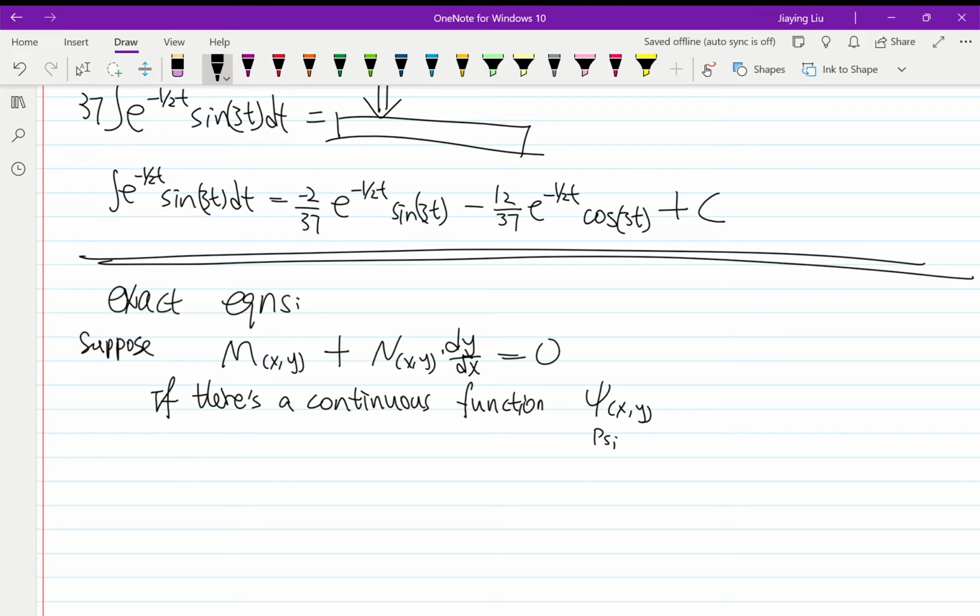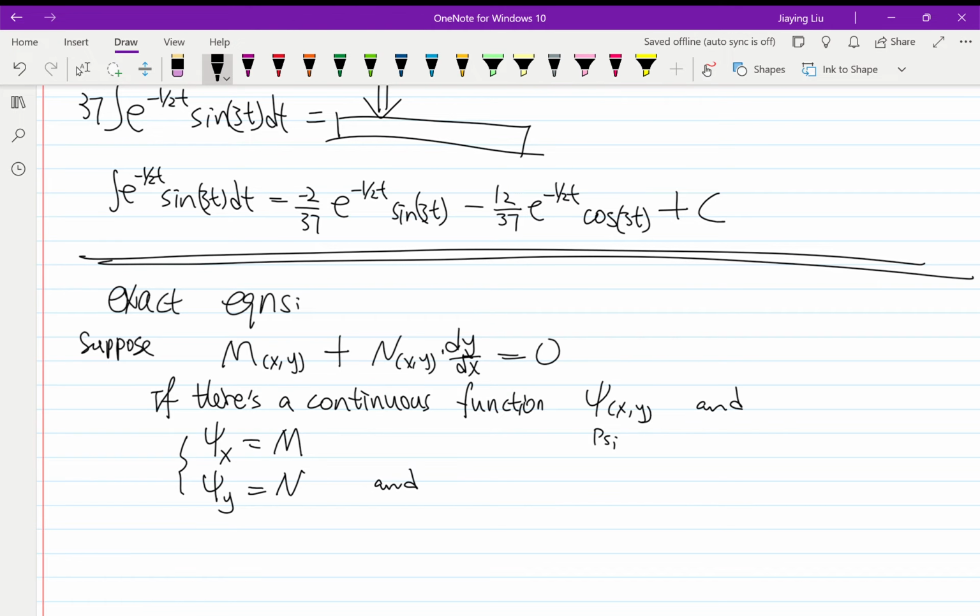Suppose it's also true that the derivative of psi with respect to x, psi x, equals this expression M we have. Whatever that is, that's just the derivative of psi with respect to x. And the derivative of psi with respect to y is equivalent to N. Suppose those are all true.